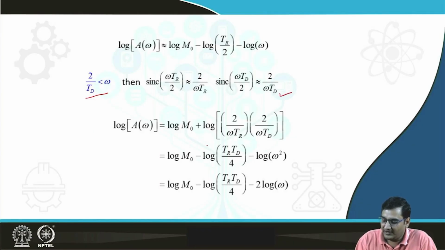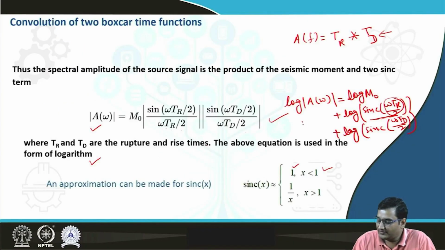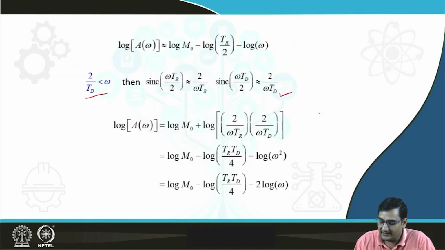And when you put that into this equation, then log A(omega) is equal to log M naught plus log in bracket of 2 by omega TR and 2 by omega TD. And when you expand it further, it will become log of M naught minus log of TR TD by 4 minus log omega square, that is log M naught minus log TR TD by 4 minus 2 log omega here.